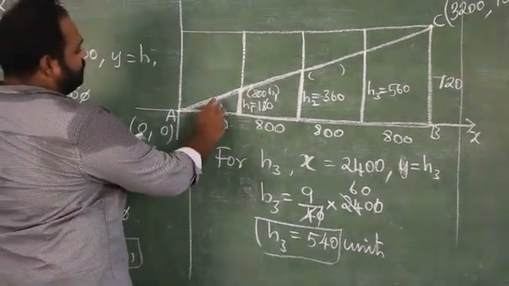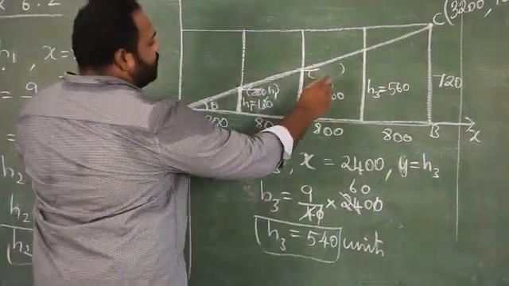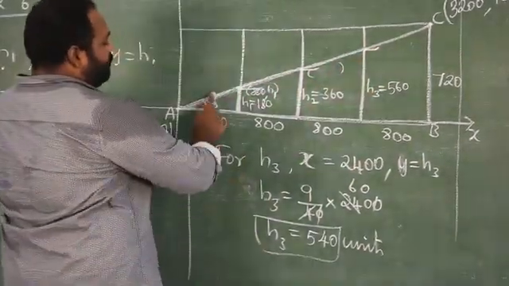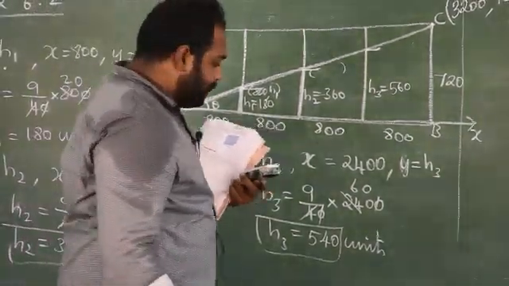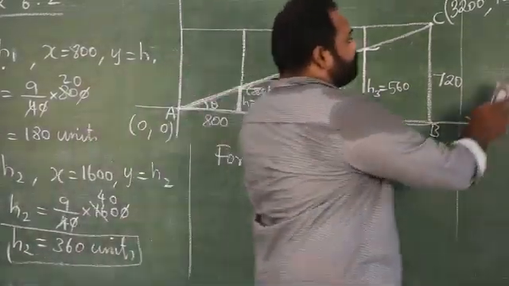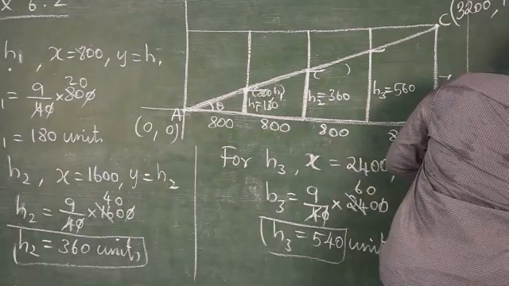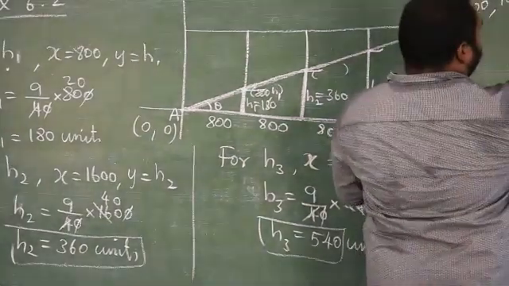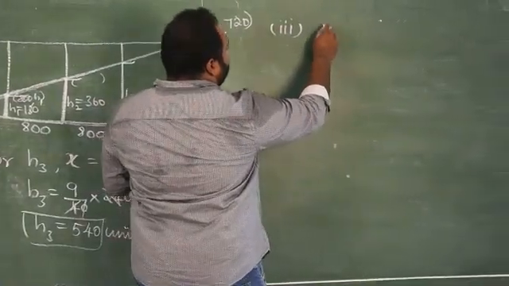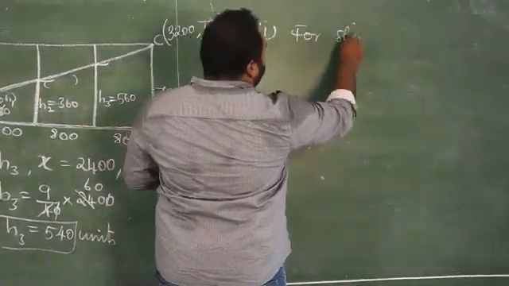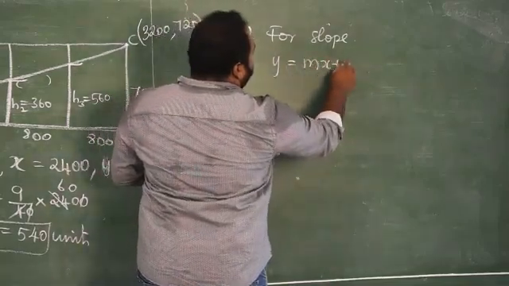They are asking to find the slope of the escalator at the turning points. If you find any one of the slopes, all the slopes will be equal. So for the third subdivision, the slope, we know the formula y is equal to mx plus c.